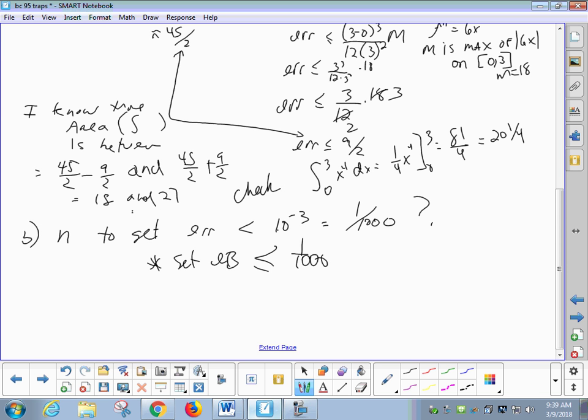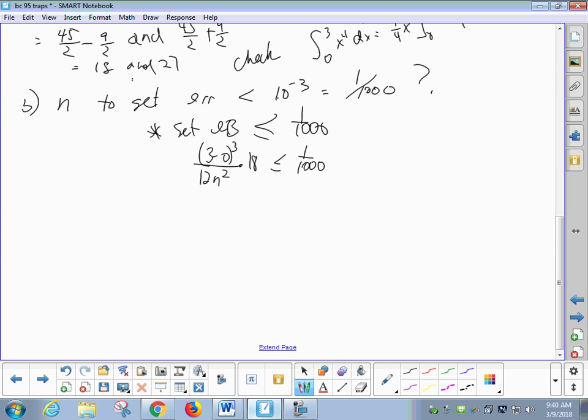I can do that because I know that if my error is less than the error bound, and the error bound is less than 1/1,000, then my error is less than 1/1,000, right? So if I set the error bound of (3 minus 0) cubed over 12n squared times 18 less than or equal to 1/1,000, I'm putting in all the stuff that's still there. The region hasn't changed. The max concavity measure hasn't changed. What has changed is how many trapezoids do I need? So n is going to be unknown here, and I need that error to be less than 1/1,000.